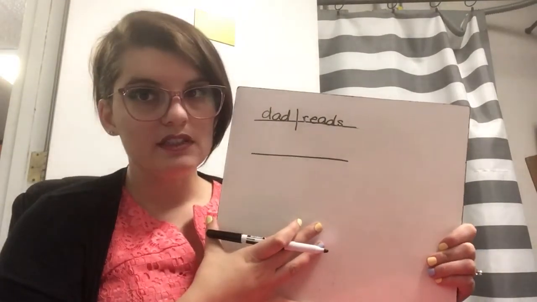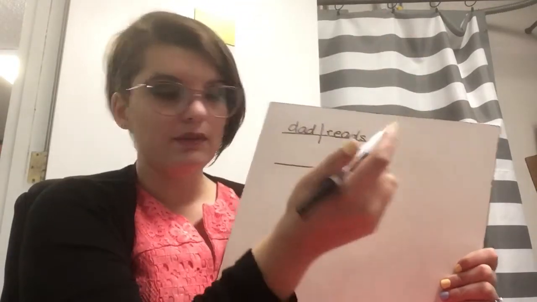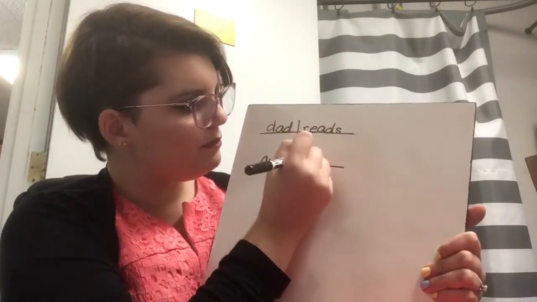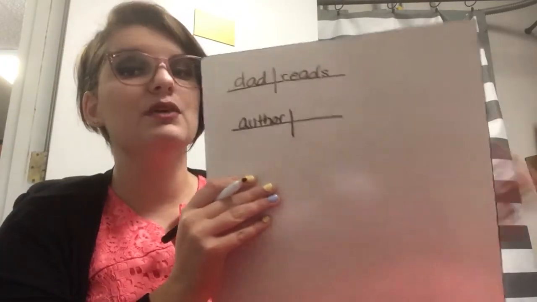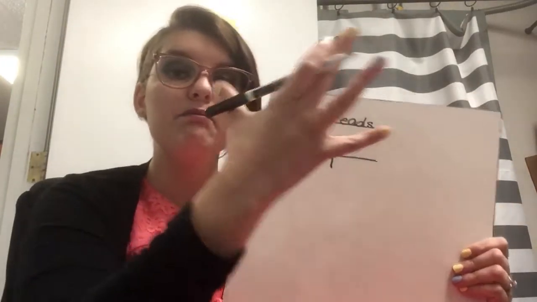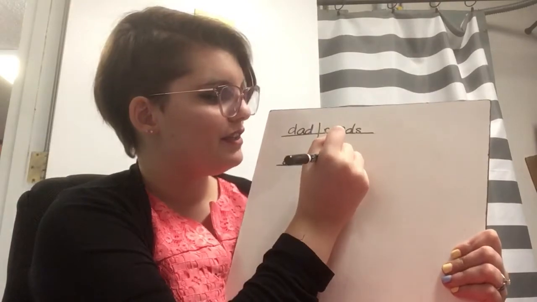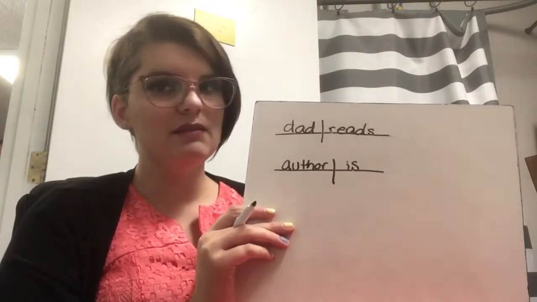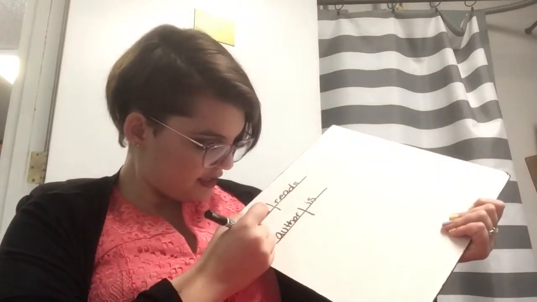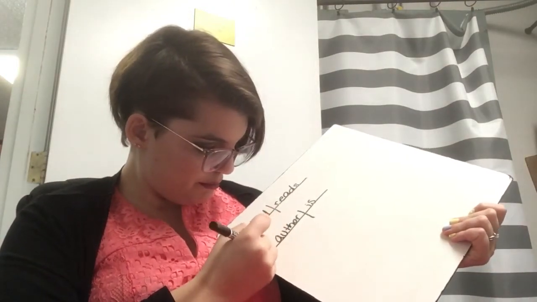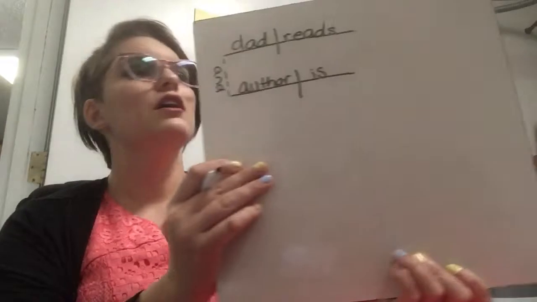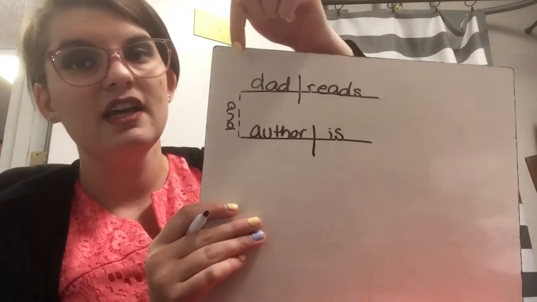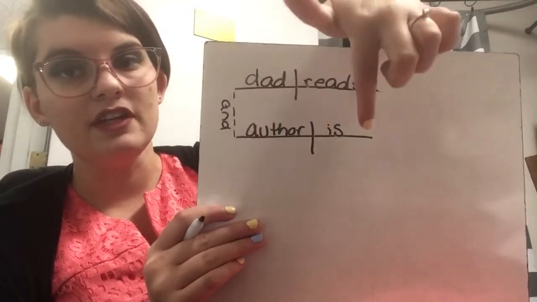The subject is author. Now, the verb may look a little tricky, but the verb on this one is is. That is a being verb. Remember, the author is being something. And what are those connected by? By and. So what you need to do on this sheet is say, Dad reads and author is.